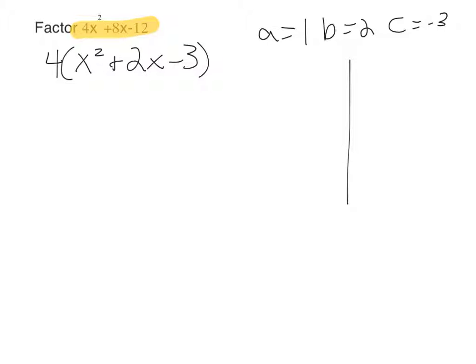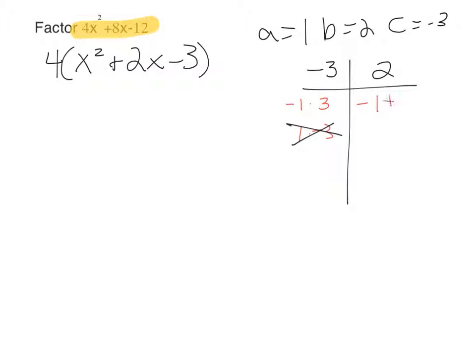We're going to create our t-chart with a times c on the right and b on the left. There are really only two numbers that multiply to a negative 3: either a negative 1 times a positive 3, or a positive 1 times a negative 3. I know the second one is not going to be correct, so I don't even need to try it.